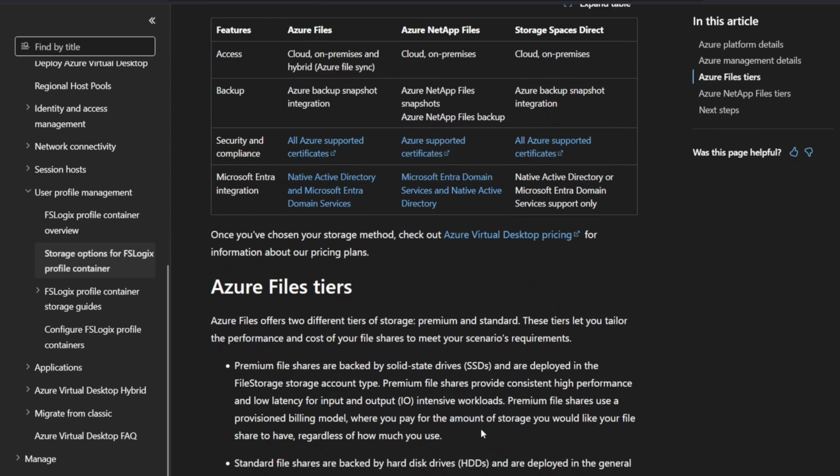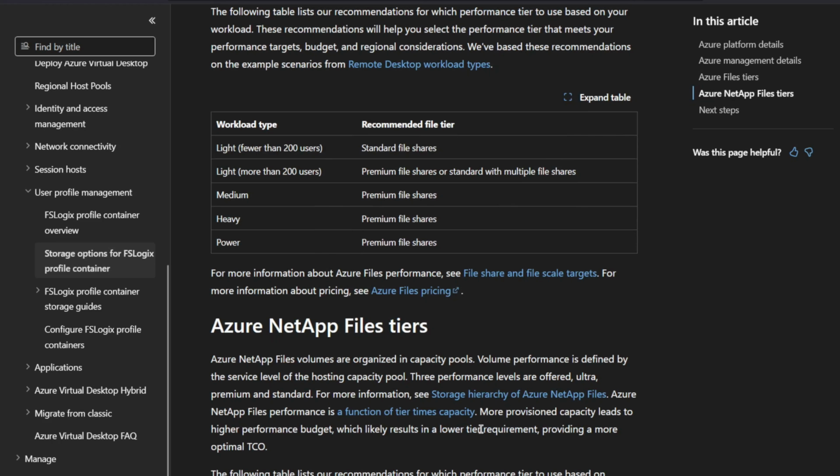Profile containers grow, right? They accumulate application cache, log data, sync content, and user profile artifacts over a long period of time. Again, if we look at FSLogix configuration guidance, it recommends putting in certain registry settings. There's one called DeleteLocalProfileWhenVHDShouldApply. You should set that to 1, for example, and this helps avoid users falling back to local profiles.